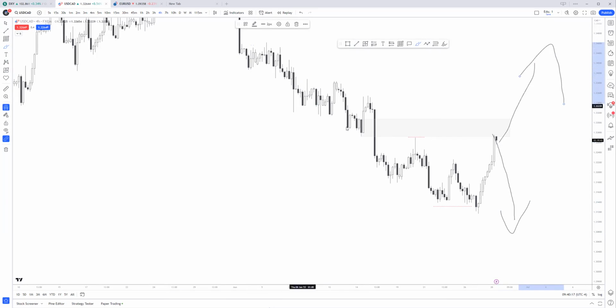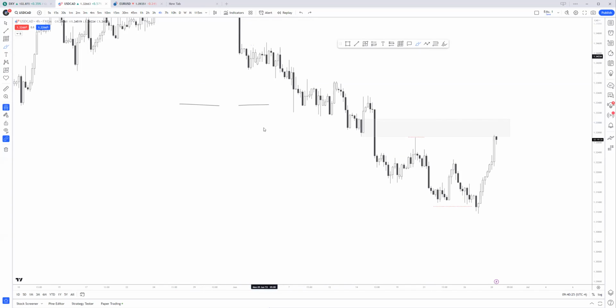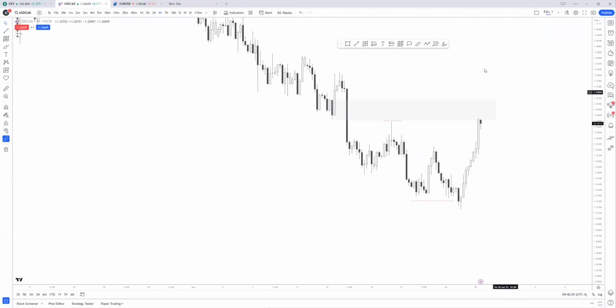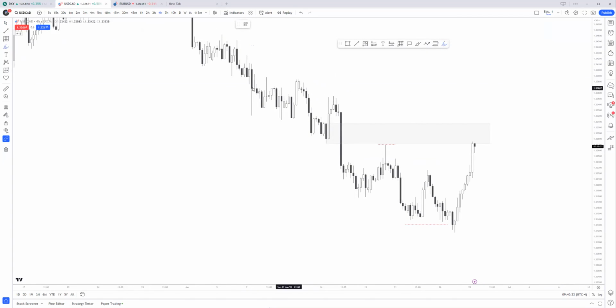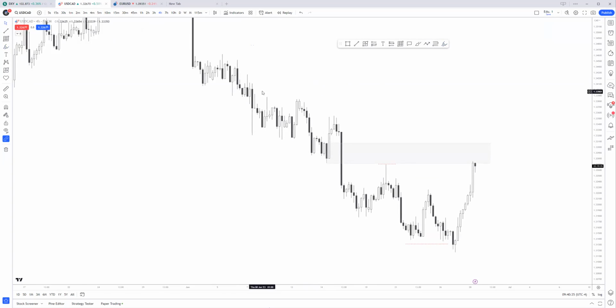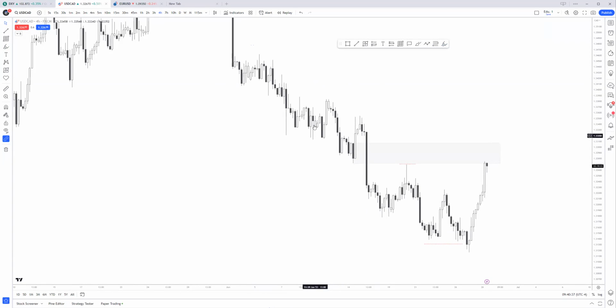If DXY goes up, then USD CAD goes up, right? Because that's dollar strength. USD CAD is different from Euro USD, where the foreign pair comes first. In this case, USD comes first, and then the foreign pair comes second. So that's where it really comes into play, but let's just follow structure here for a second, right? So on the 4-hour we have what? That's a type 1.